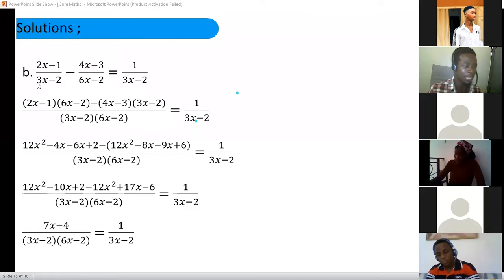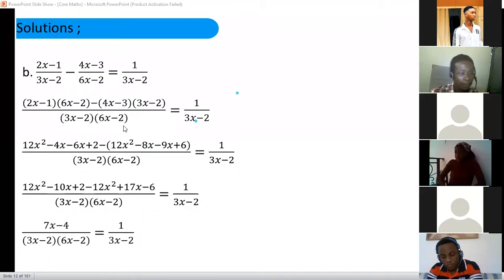The denominators are 3x minus 2 and 6x minus 2. Multiplying the denominators, we have 3x minus 2 into another bracket 6x minus 2. This becomes our LCM, the least common multiple of the two fractions.